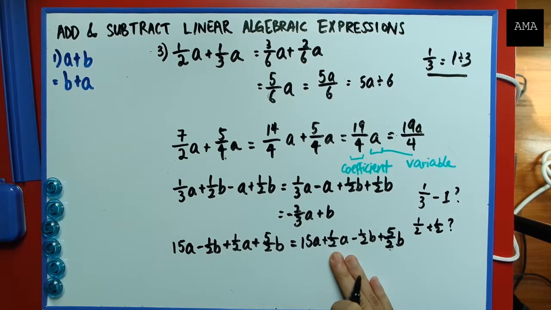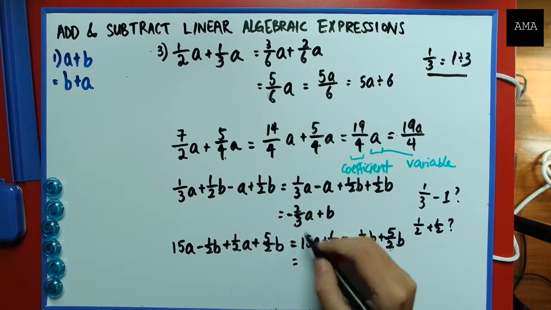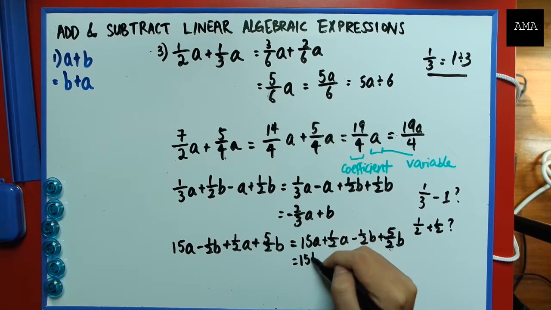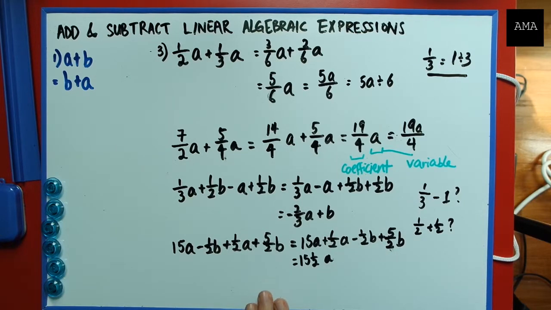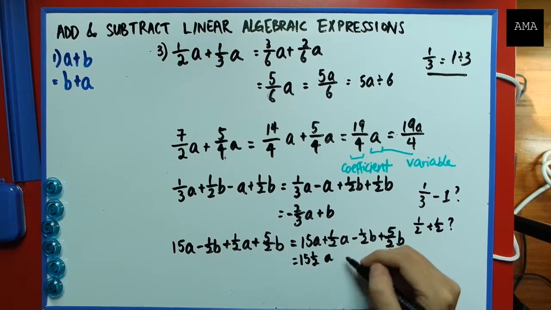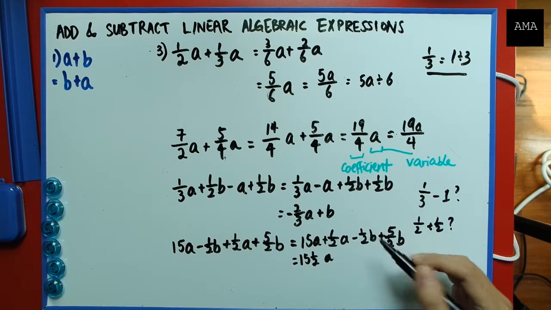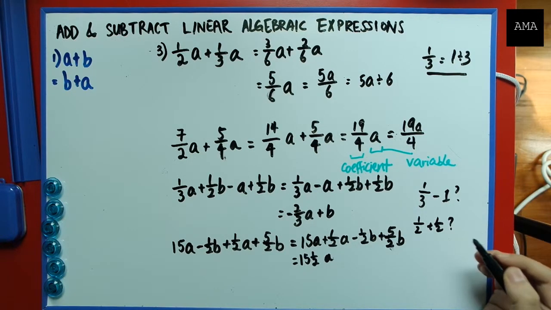In your working, it is still okay if you want to write it as a mixed number. So for now, we'll take it step by step. I write it as a mixed number. It is not good if this is your final answer, but as part of your working, it is okay. Minus half plus 5/2.